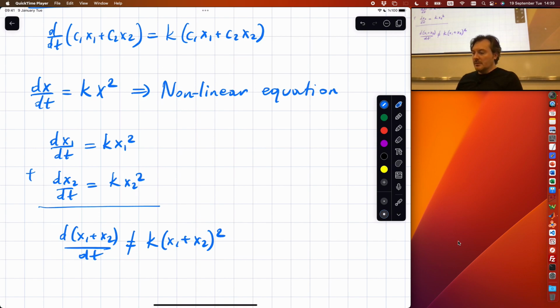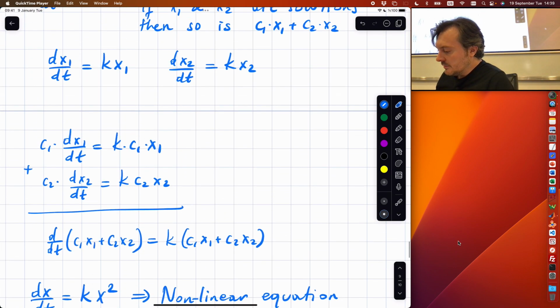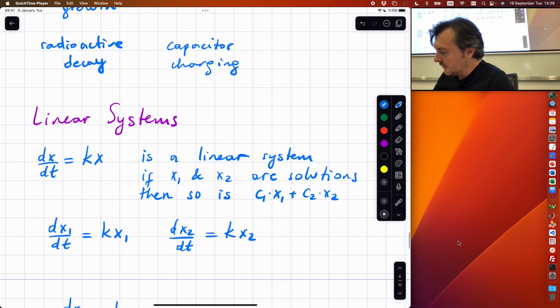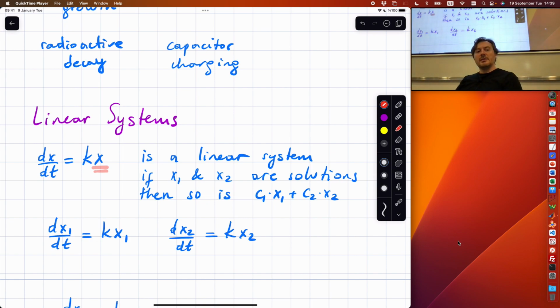So what does it mean? It means that the linear equations are the ones that have these linear parts. So only x and constants are allowed. If you have x squared, x cubed, sine x, e to the x, then it's nonlinear. Okay?